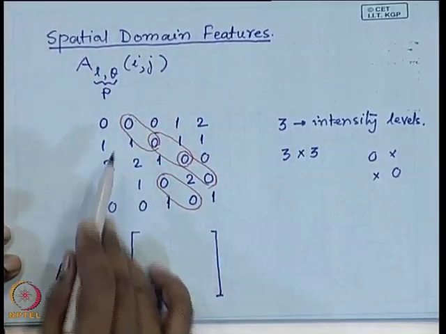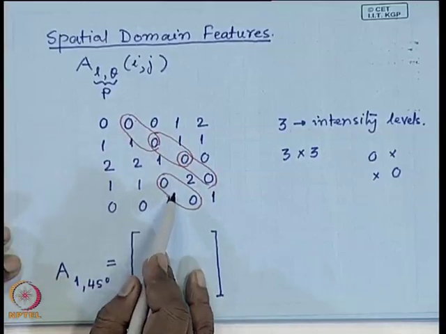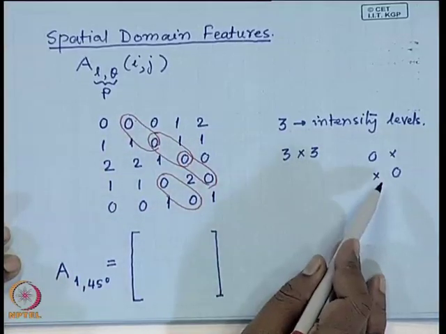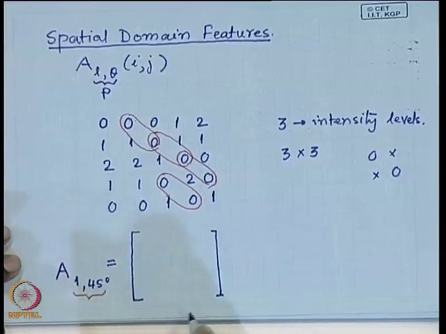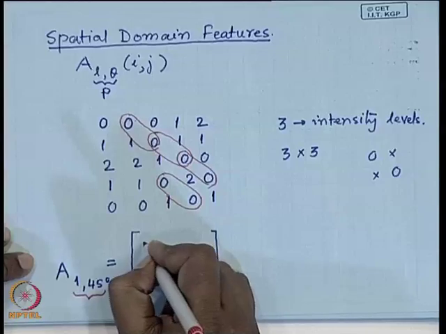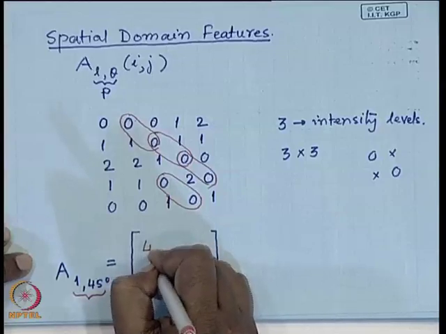So I have 4 such occurrences where this 0 0 intensity pair appears following our position parameter of 1 and 45 degrees. So A 0 0 will have a value 4 over here.